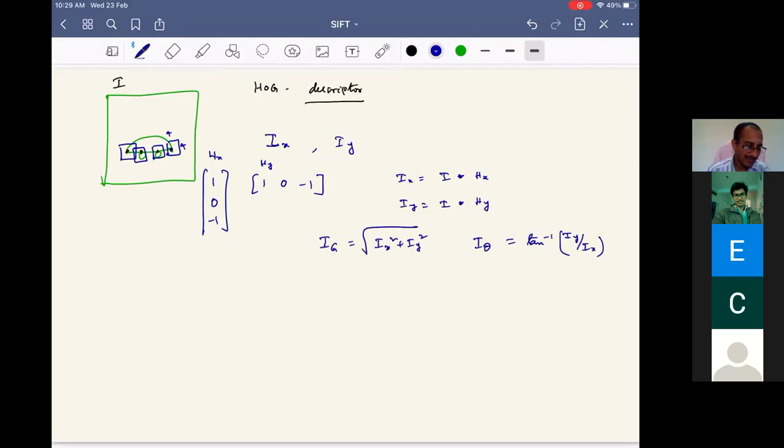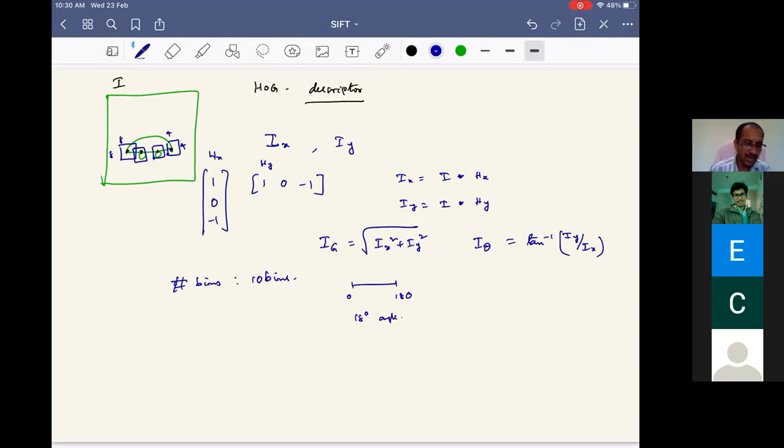Whether it is an 8x8 patch, 16x16 patch or 4x4 patch, we can decide the number of bins. Assume the number of bins decided is 10. I think in HOG they use 10 bins. So if we are considering 0 to 180, then each bin is 18 degrees.